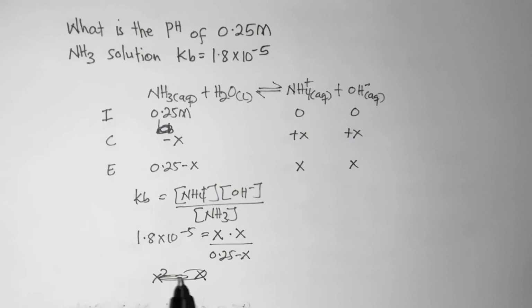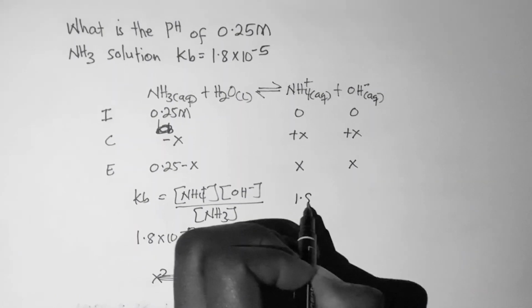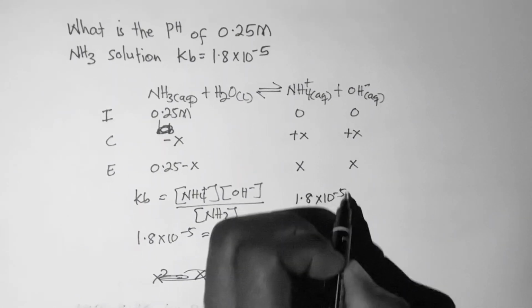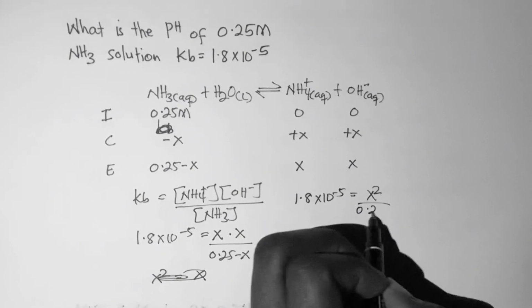So let me rewrite it here. 1.8 times 10 exponent minus 5 is equal to X squared divided by 0.25.